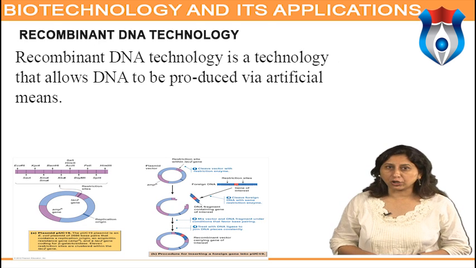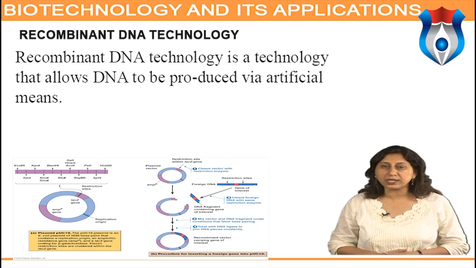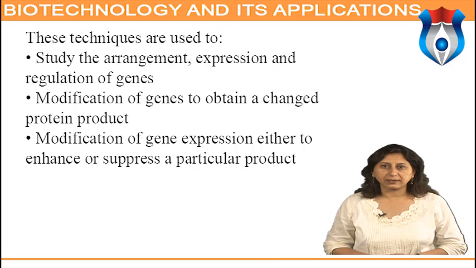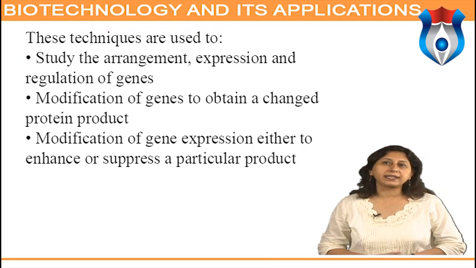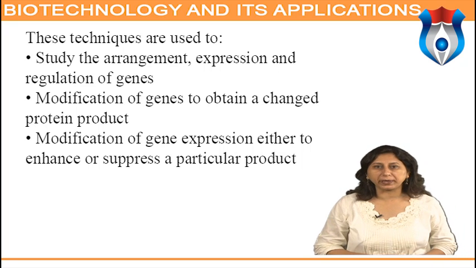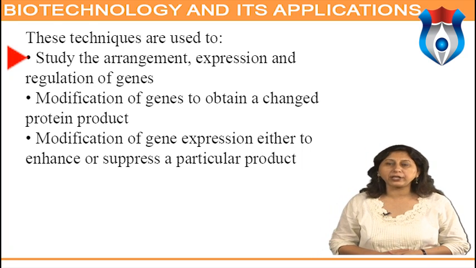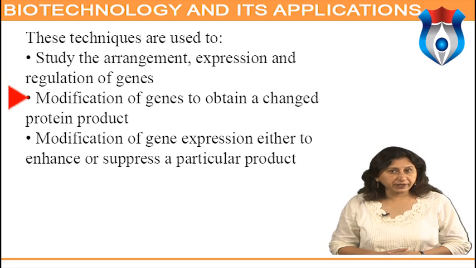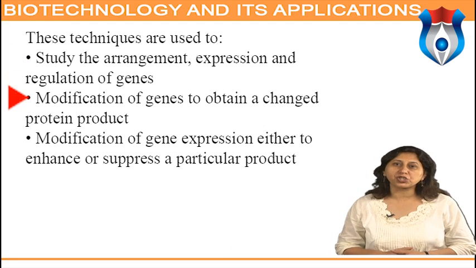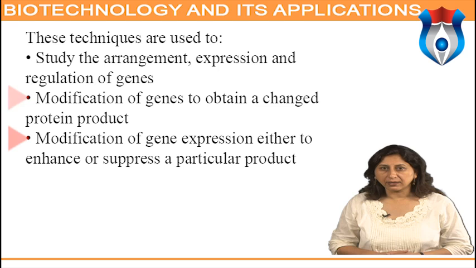Recombinant DNA technology is a technology that allows DNA to be produced via artificial means. Basically, these techniques are used to achieve the following. Study the arrangement, expression, and regulation of genes. Modification of genes to obtain a changed protein product.